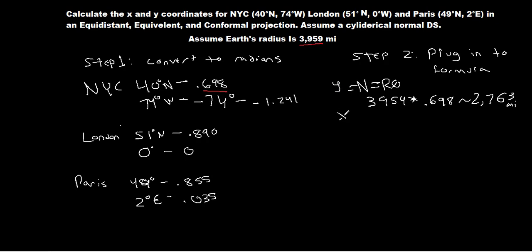So let's calculate our x. Our x is going to be equal to our easting, and our easting in the equidistant projection is going to be the radius of our reference globe, which in this case is the actual Earth, times lambda, where lambda is our longitude.